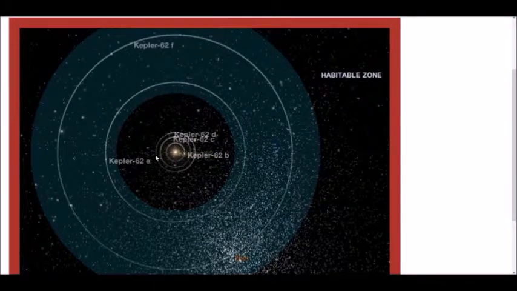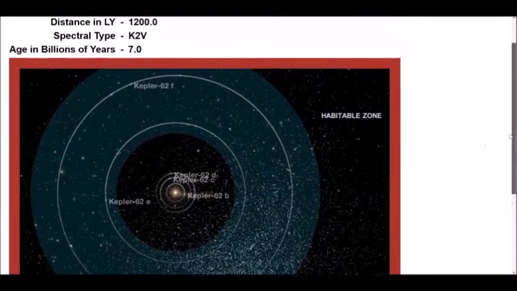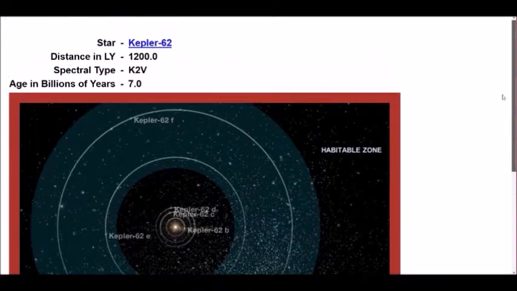There are a bunch of other planets closer in to the star, and here's another planet that orbits in the habitable zone, Kepler-62e. Given the star's age and type, these are good candidates for life, at least, if not intelligent life.